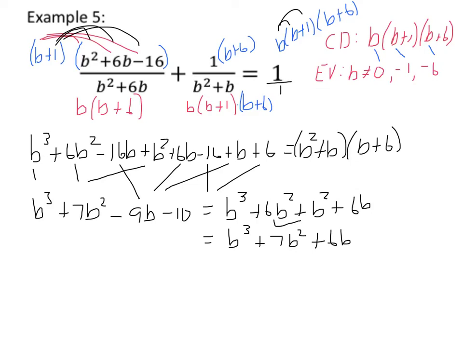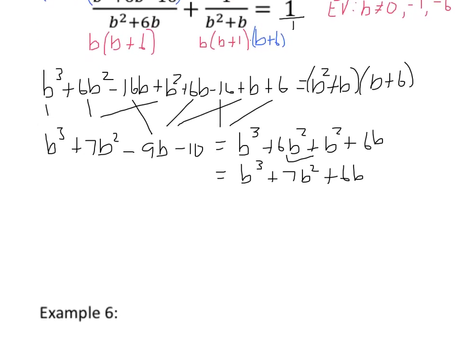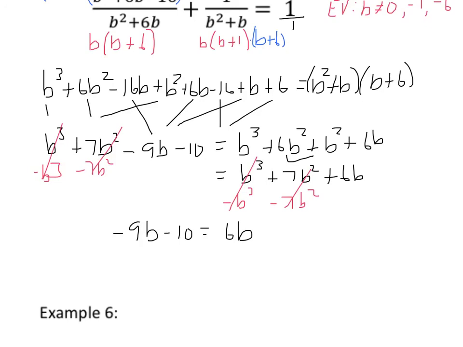So now we start combining like terms, but be faithful and true to our process here. Maybe some good things will happen, even though it seems crazy. If I subtract b cubed, they cancel. Well, there's good news. That makes it a little bit easier. If I subtract 7b squared, they cancel. So that's even better news. So now we have minus 9b minus 10 equals 6b. Much easier to solve.